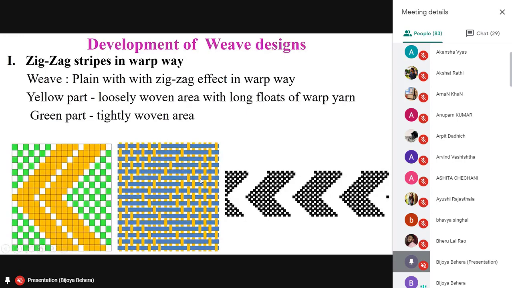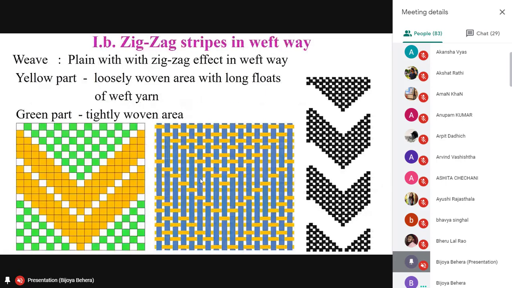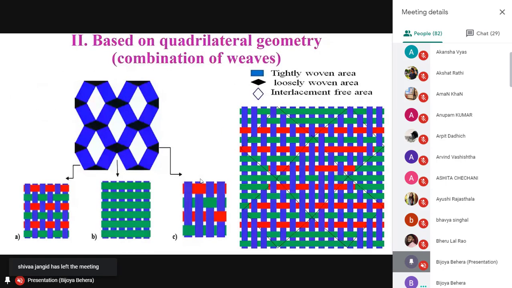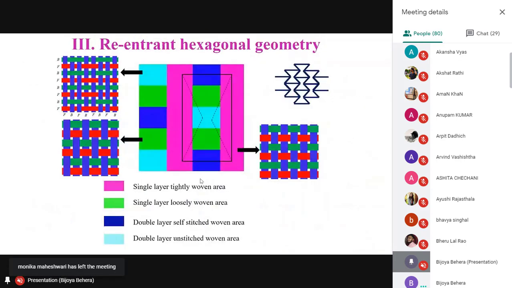All these 9 geometry I have already shown you. So this is for the first. On these there are 3. This was zigzag weft, zigzag warp. This is zigzag bias direction. Then this is weave design for quadrilateral geometry in vertical direction. And this is reentrant hexagonal geometry. Weave design is developed.